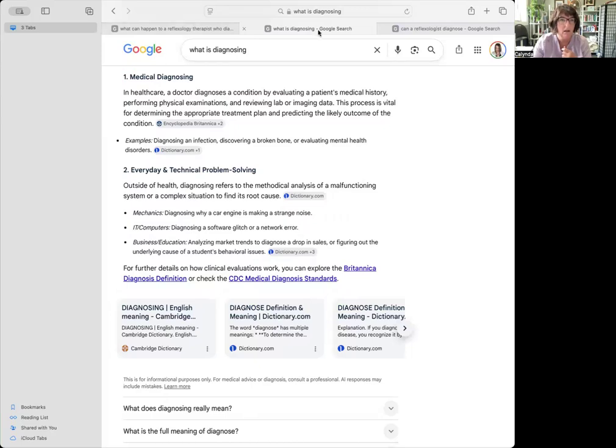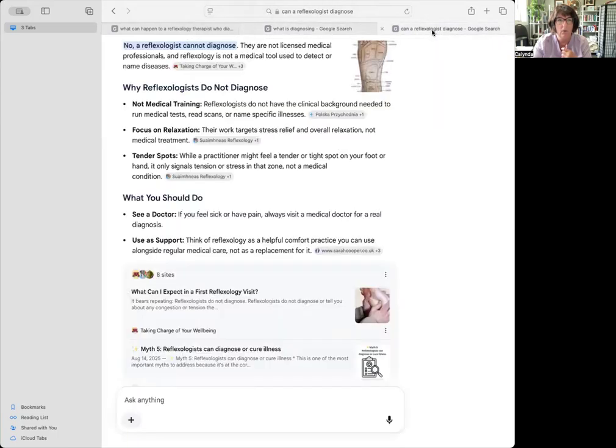Now, when it comes to the reasons why a reflexology therapist cannot diagnose, it is because a reflexology therapist is not a licensed medical professional, and reflexology is not a medical tool used to detect or name diseases.